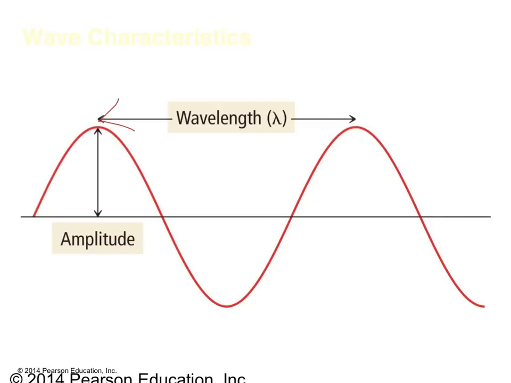So this is the wavelength, distance between one crest to another or distance between one trough to another, and this is the amplitude of the wave from the node to the trough.